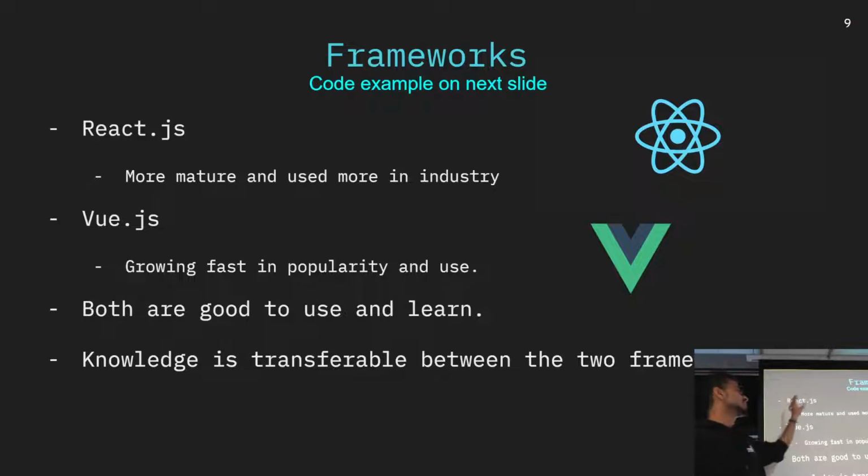What using a framework does is solve the navigation bar problem I talked about, where I'd have to copy the code from the home page HTML into the about page HTML. With these frameworks, you create a new file for that navbar component and store all the code for the navigation bar in that one file. Then into the files responsible for rendering the home page and the about page, you simply import that navigation bar component file.